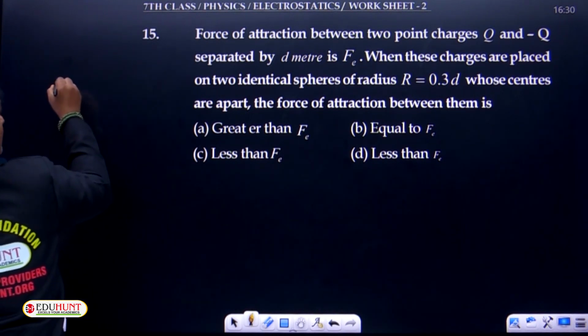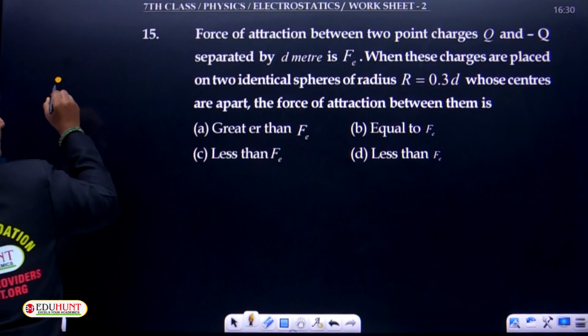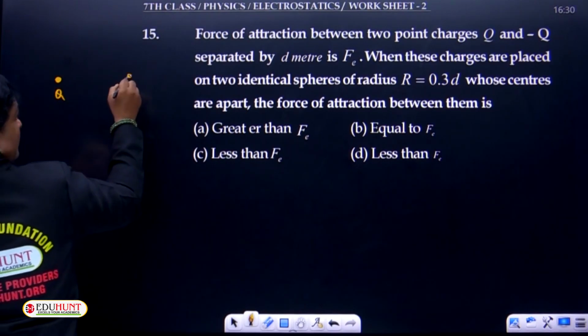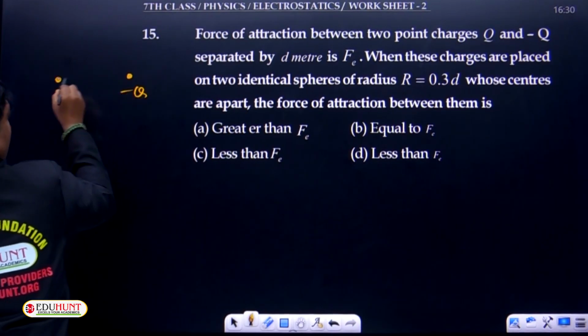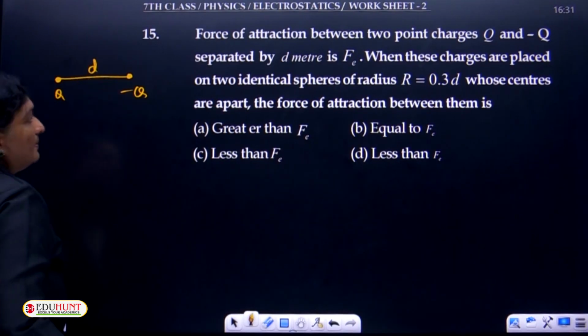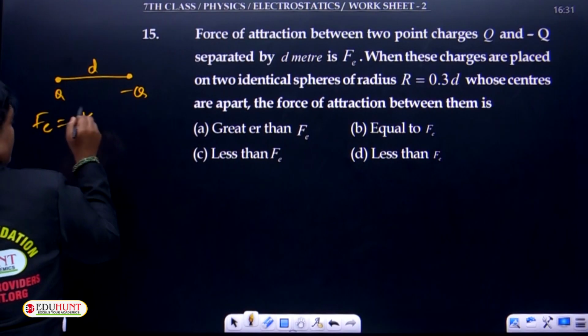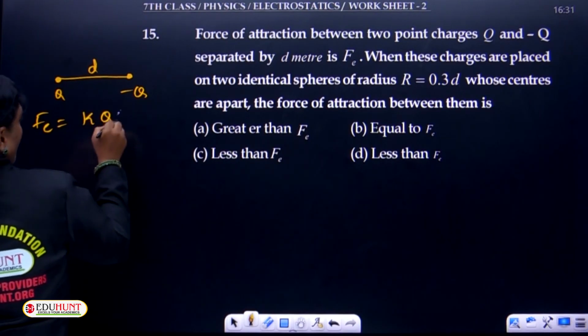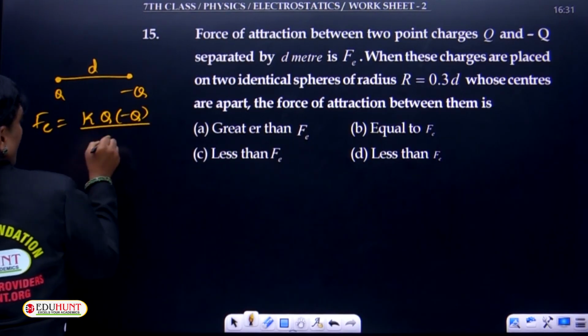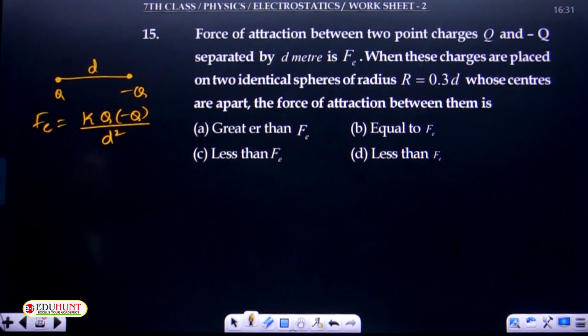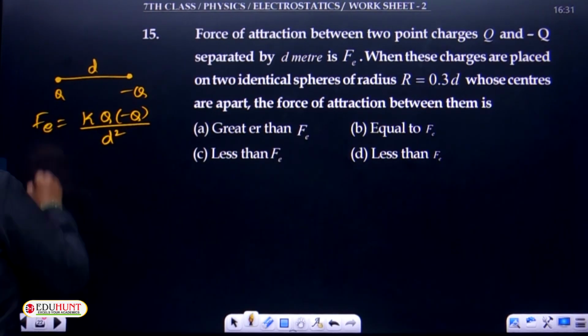So the force of attraction between two point charges, one is q and the other is minus q, separated by distance d, is given by k times q times minus q upon d square, and this is indicated with the letter Fe.